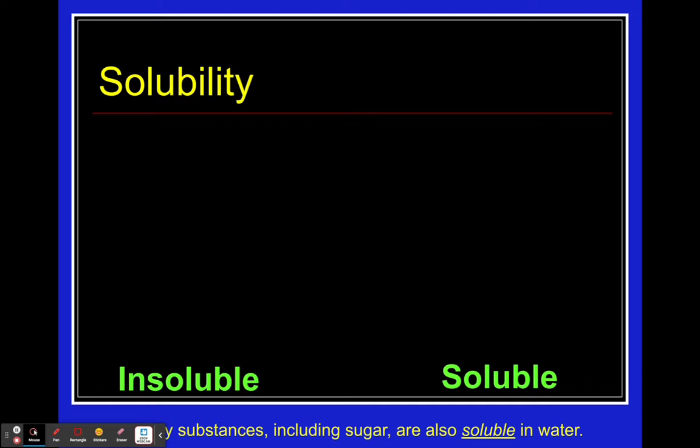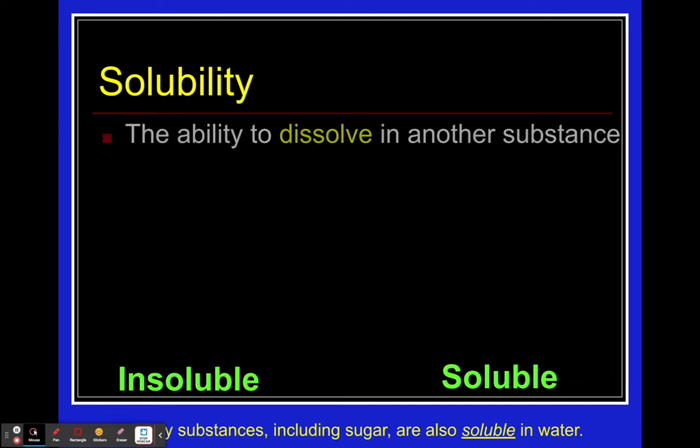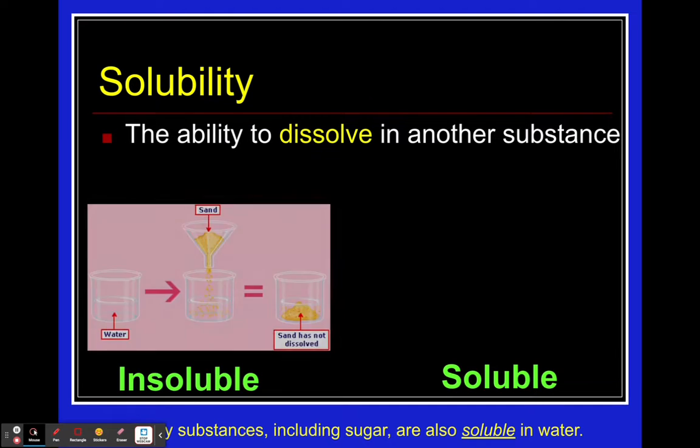The first one we're going to talk about today is solubility. We're going to use this during our powder at the crime scene lab quite a bit. The ability to dissolve in another substance makes something soluble. This is sand. You can see when the sand is placed in the water, and over to the right, the sand has not dissolved, so we call it insoluble. Another example would be putting pepper in water.